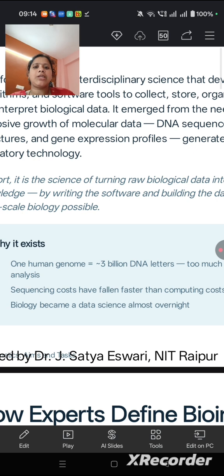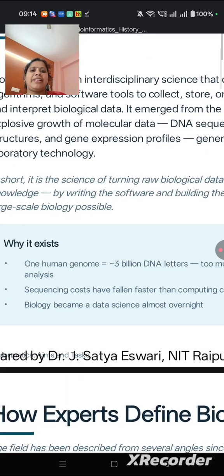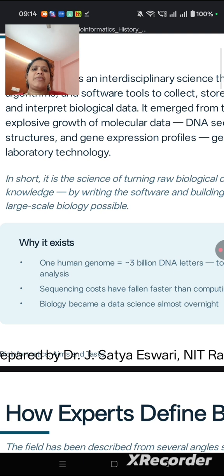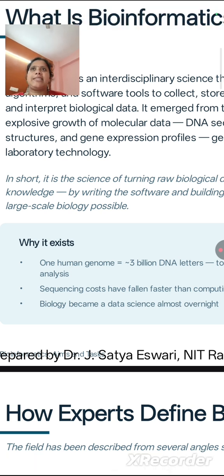Sequencing costs have fallen faster than computing costs have risen, and computing is faster, less costly and easier.